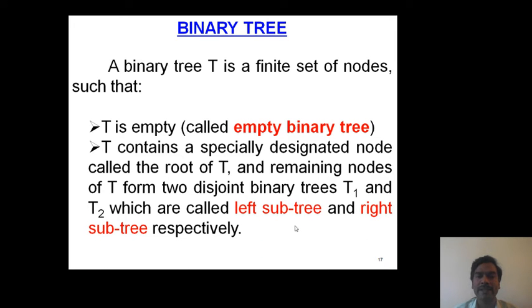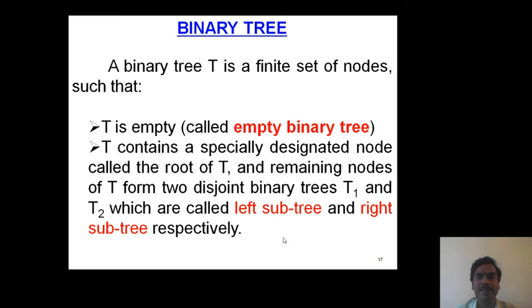If T is not empty, then there is a specially designated node called the root node, and the remaining elements are partitioned into two disjoint sets T1 and T2, which are known as the left subtree and right subtree respectively. So here exact identification is possible, like which is the left subtree and which is the right subtree.